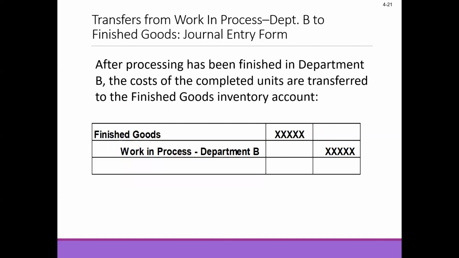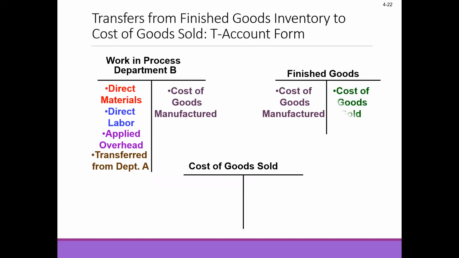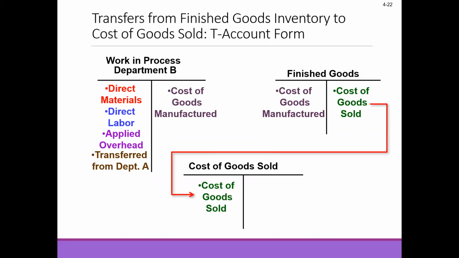After the processing is finished in Department B, it's ready to be sold. It just gets debited into finished goods. Once it's sold, we credit our finished goods and we debit our cost of goods sold.